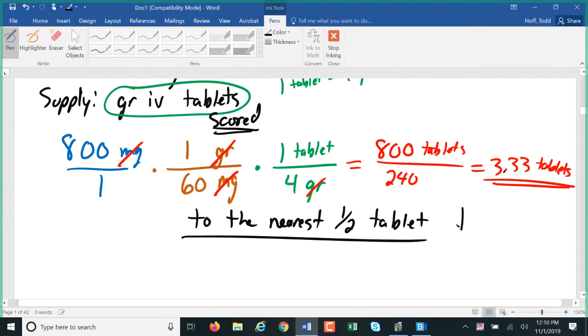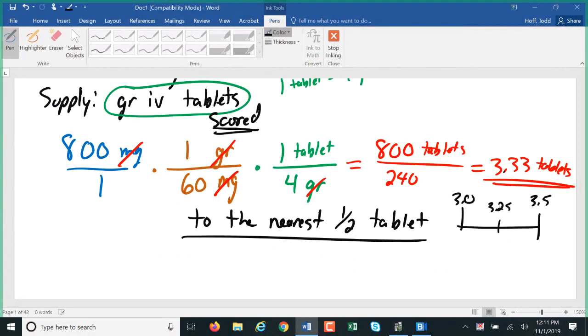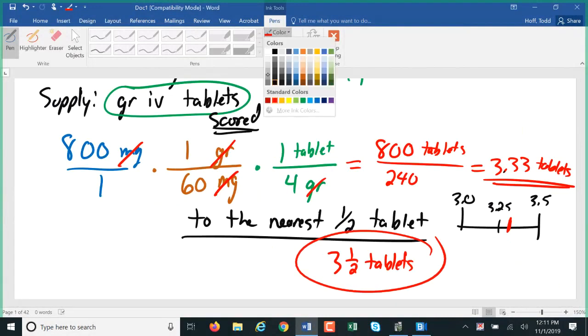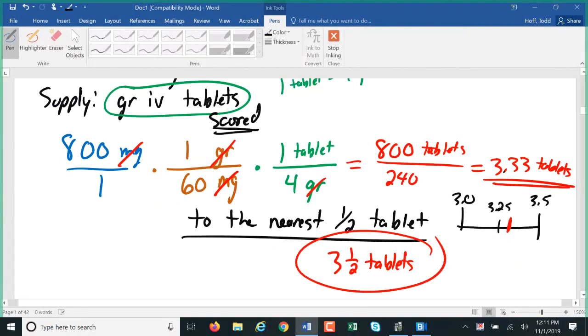This would be 3.0. This would be 3.5. The middle would be 3.25. 3.3 is somewhere in here. It is closer to the 3.5 tablets. So being able to round to the nearest half tablet is something you need to be able to remember.